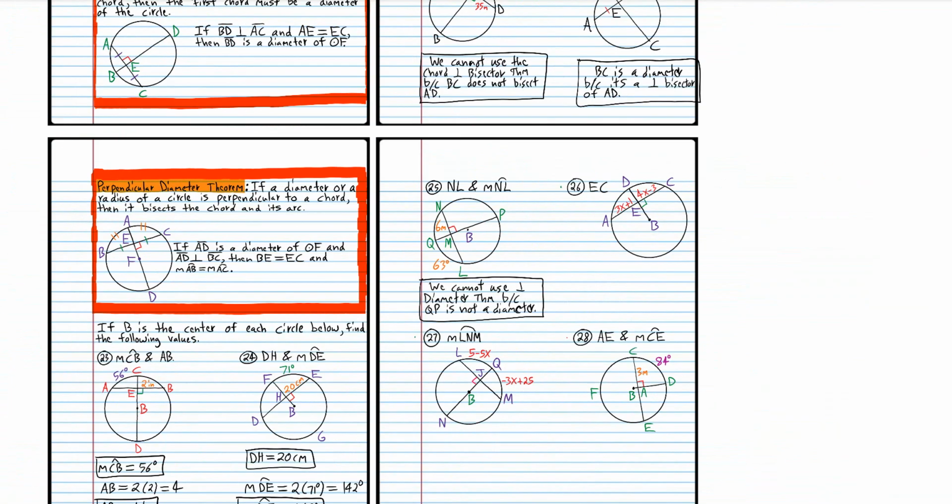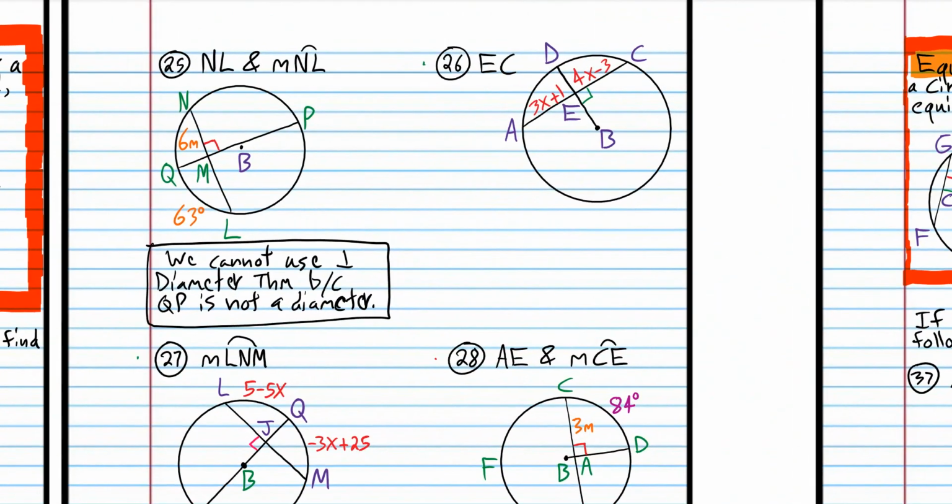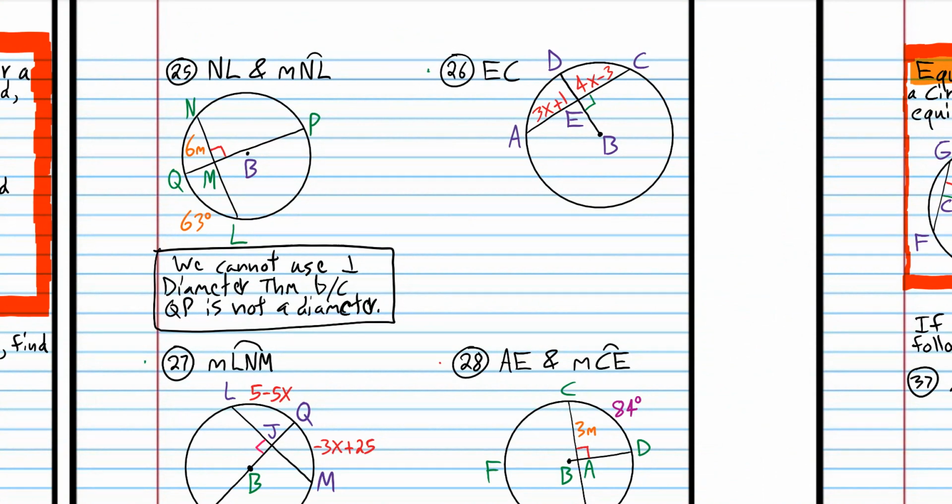All right, so we have two more of these before you try one on your own. Now in this problem we know that DB is a radius because it goes from the center to a point on the circle. And we also know that it's perpendicular.